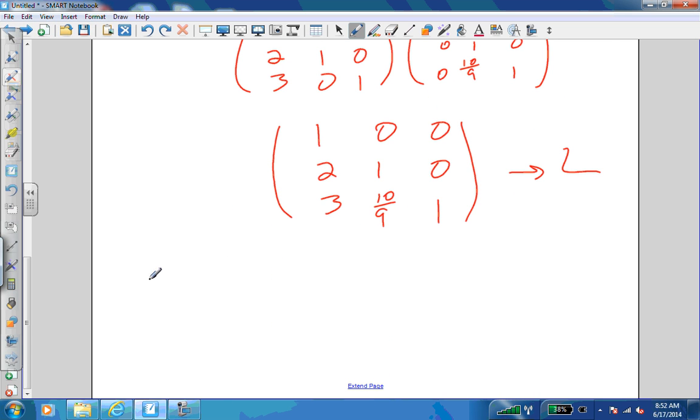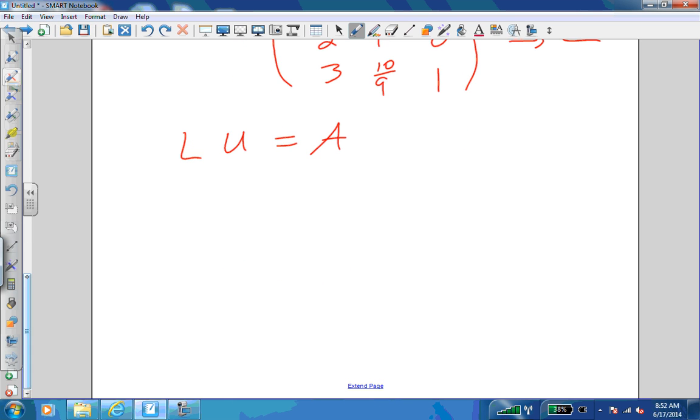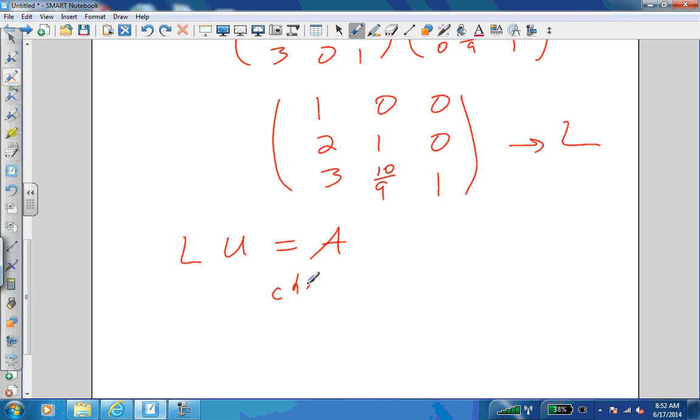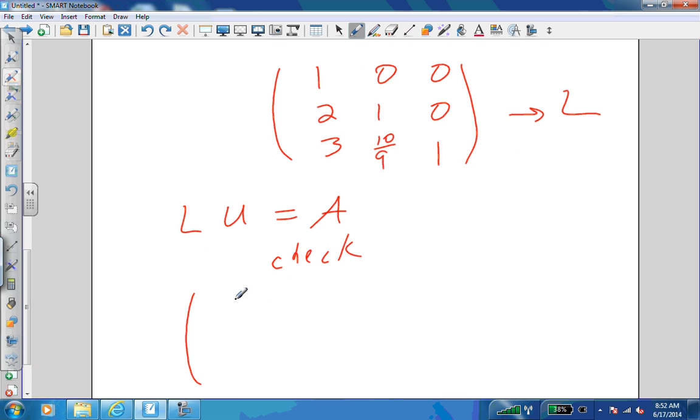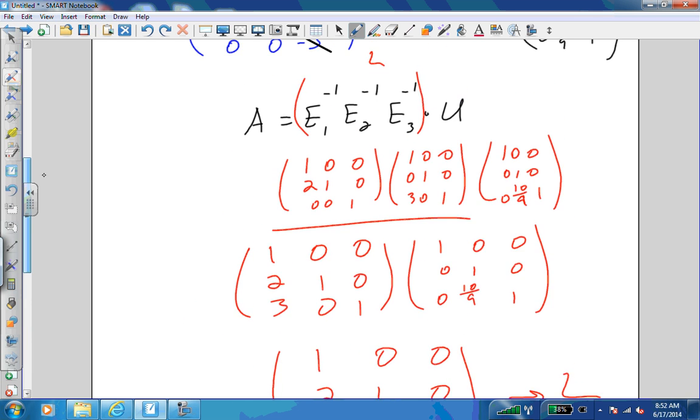Now, yes, it is a lower triangular matrix, but we want one such that LU equals A. So to check that out, let's multiply what we have and see if that really gives us A. So our lower times our upper.